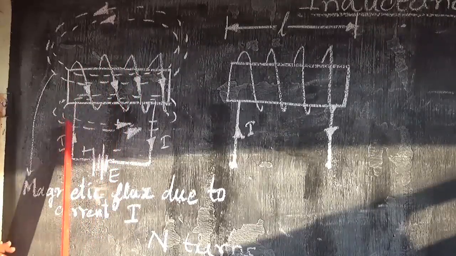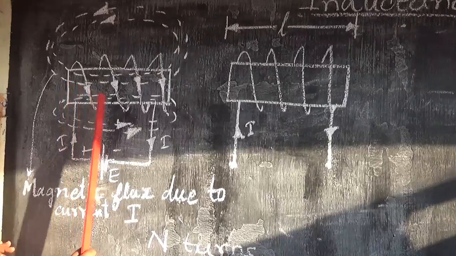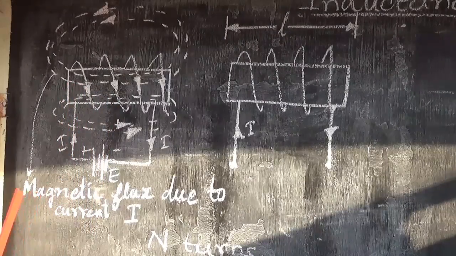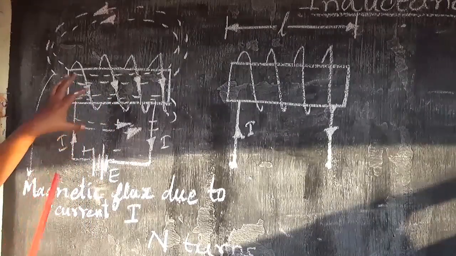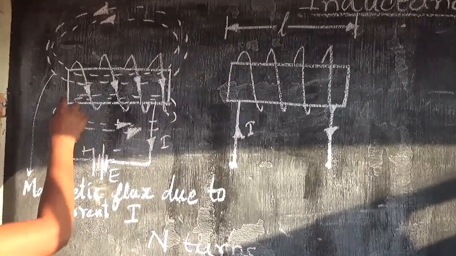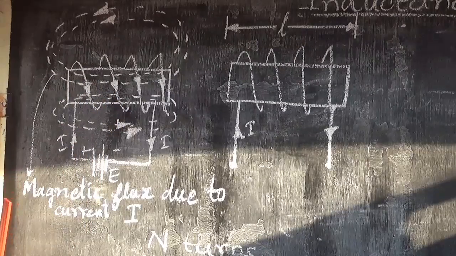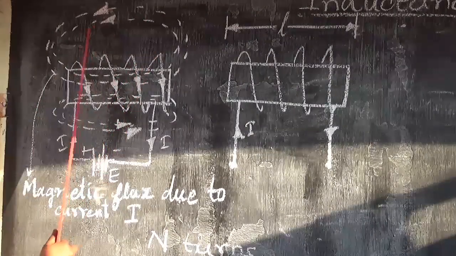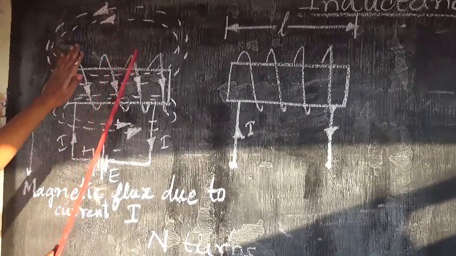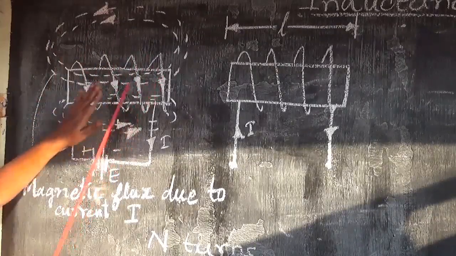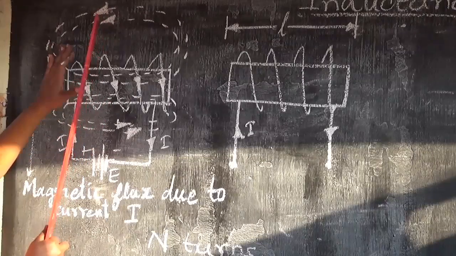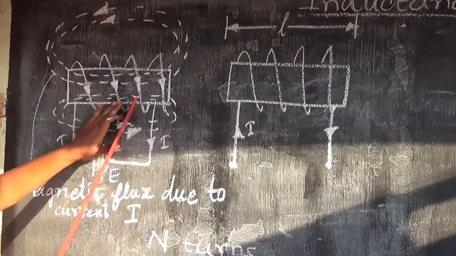The current carrying conductor will produce some magnetic field, and we can identify the field direction by using the right hand rule. And this field produces some flux which links with the coil.